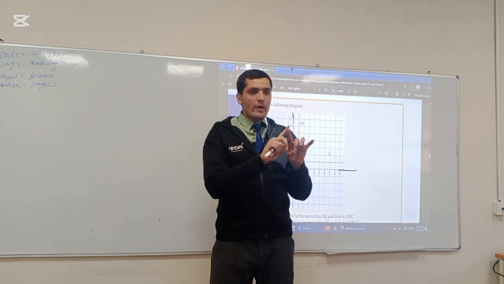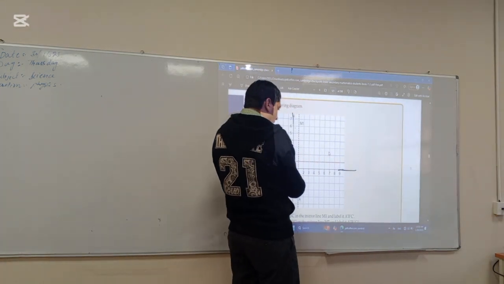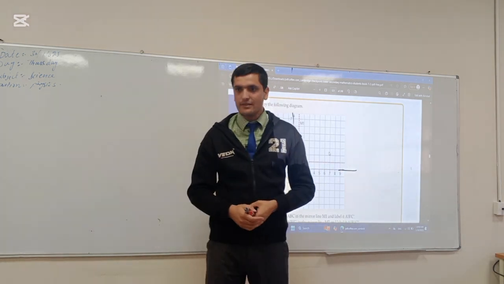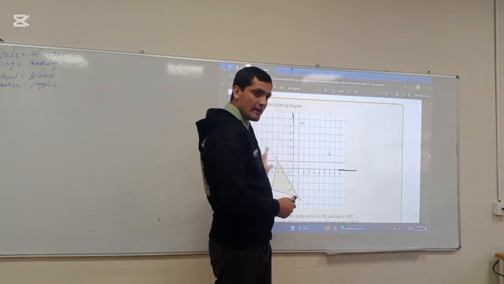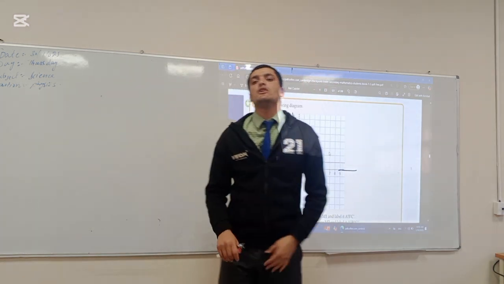Suppose you move from O to the right side, your x is positive. Along this side, your x is negative. Along up, your y is positive. Along downward, your y is negative.